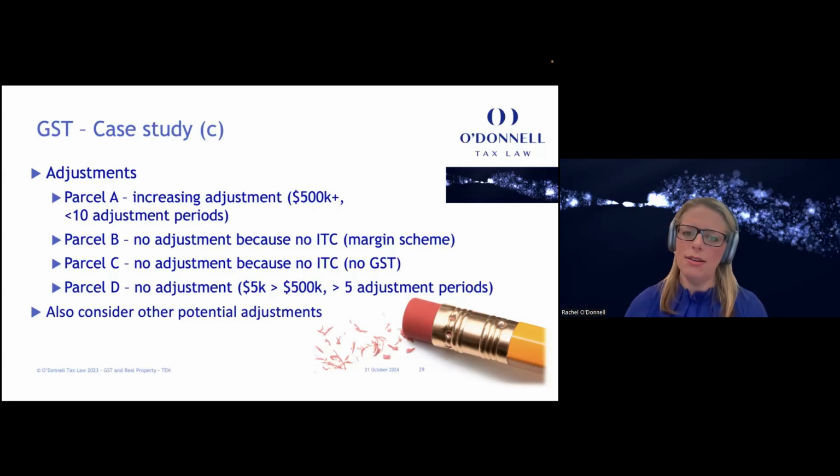Anything that they've acquired that paid $500,000 or less for, they will only have an increasing adjustment if they are within that 5 adjustment periods for that acquisition. Just keeping in mind, it might have happened more recently, and so on for smaller supplies, and 2 adjustment periods for supplies between $1,000 and $5,000.